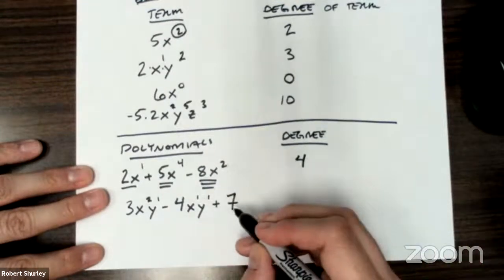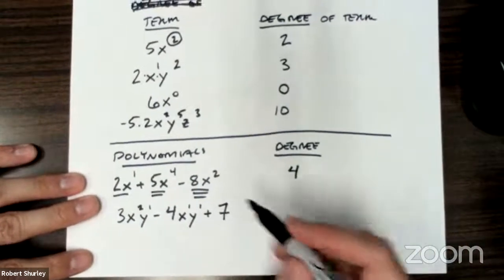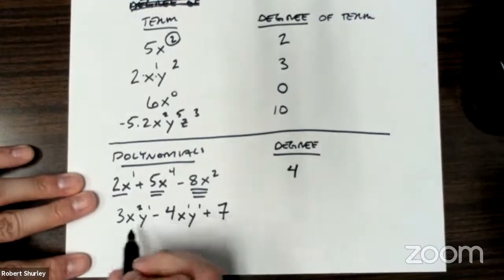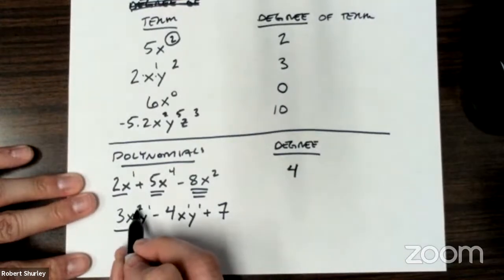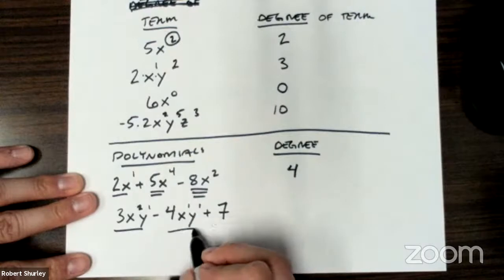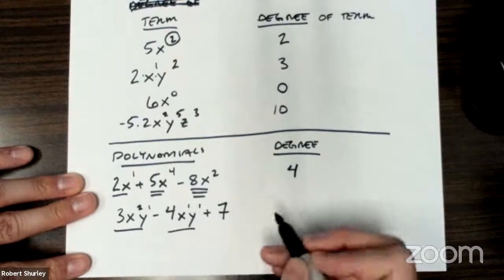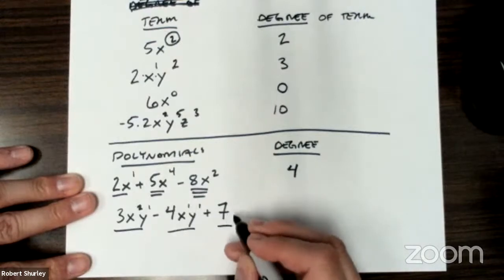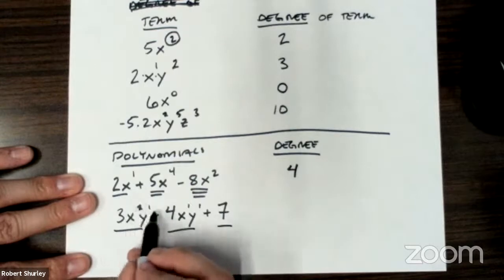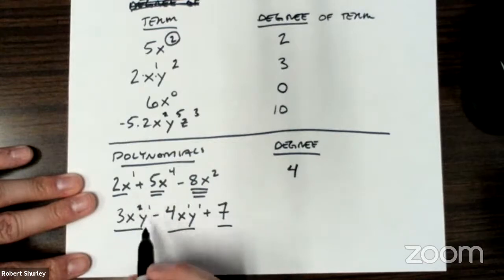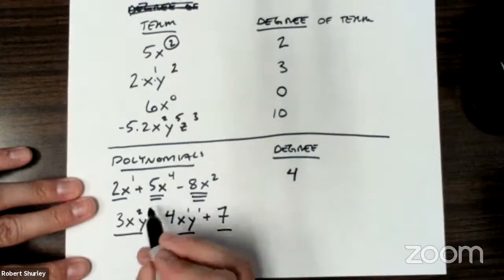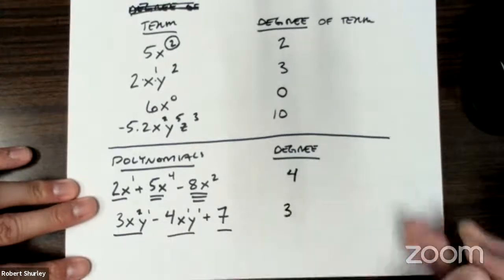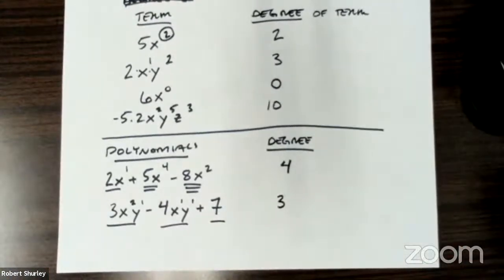And then this constant, remember the constant degree is 0. So this first term, the degree would be 3. The second term, the degree would be 2, because you add those together. And the last term, the degree would be 0. So therefore, the largest degree of a term is 3. It's this first one. So therefore, the degree is 3.